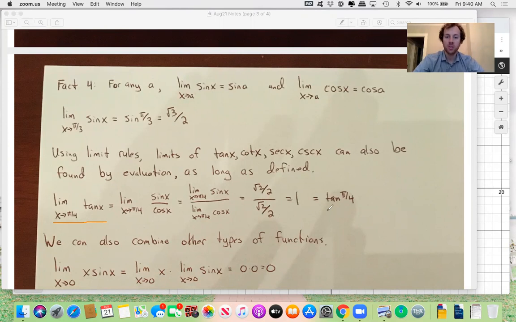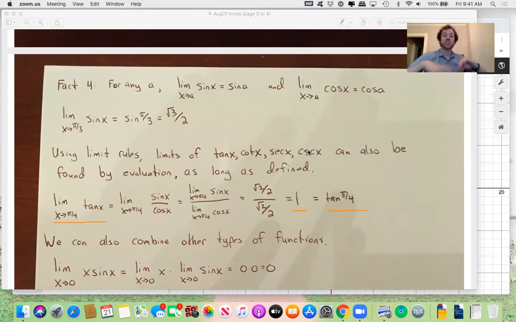So I know that is just going to be tangent of pi over 4, and that I can evaluate as 1. And so this kind of reasoning would work with any of these other trig functions as long as you're not at an asymptote.